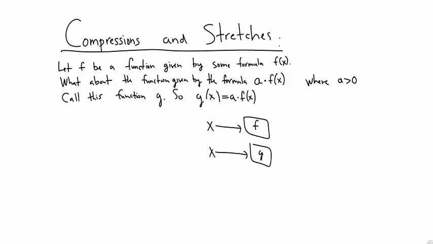First, under the function f, the output of x is f of x. And then under the function g, the output of x is g of x, which is a times the output of x under f.